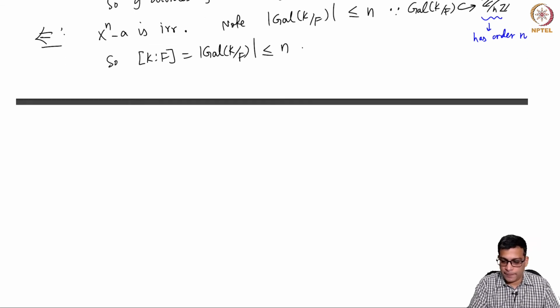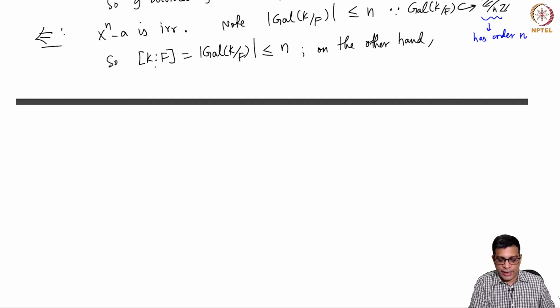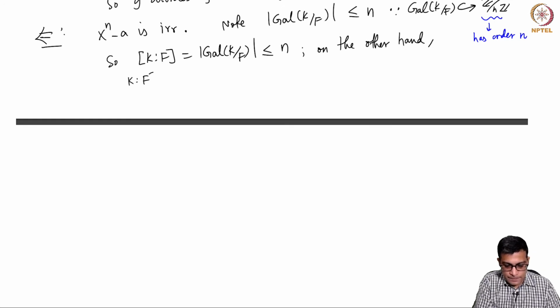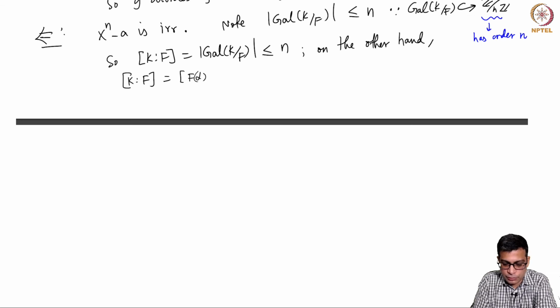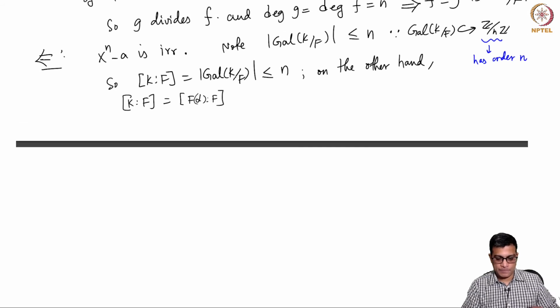On the other hand, [K:F] is [F(alpha):F], and what am I assuming?